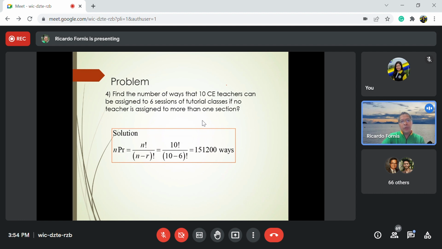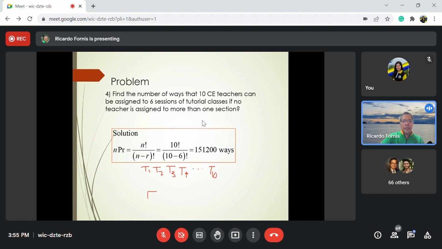Okay, here is another one. Find the number of ways that 10 CE teachers can be assigned to 6 sessions of tutorial classes if no teacher is assigned to more than one section. Let's illustrate: teacher number 1, teacher number 2, teacher number 3, teacher number 4, and so on, up to teacher number 10.